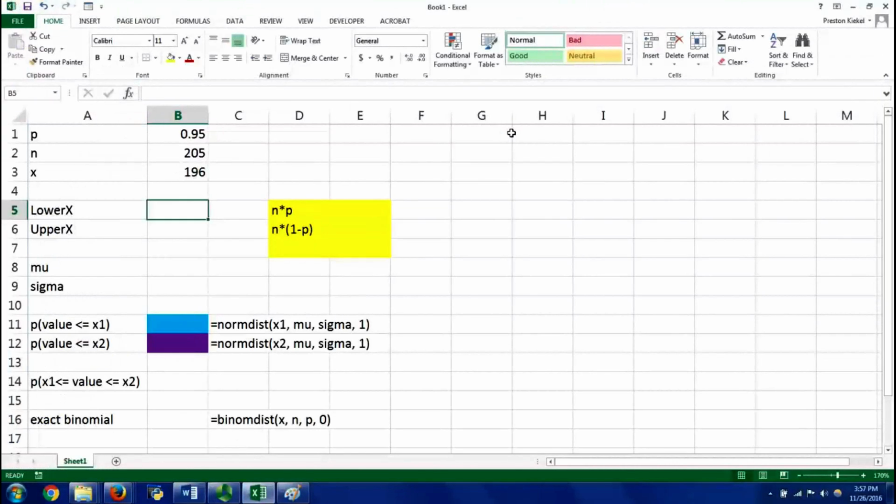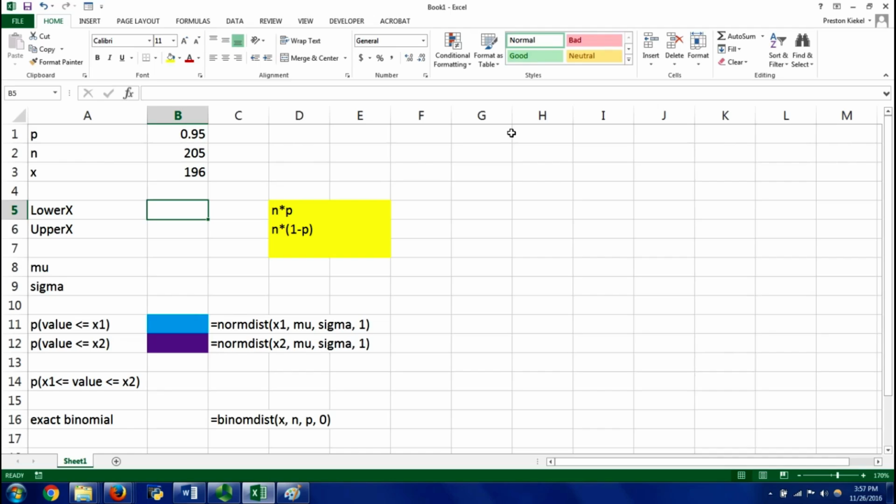In order to use the normal to approximate the binomial, I'm going to need to use the continuity correction. That means 196 is not good enough, because the probability of exactly 196 with any continuous probability distribution is always going to be 0 by definition. Continuous probability distributions have no area for any specific single value.